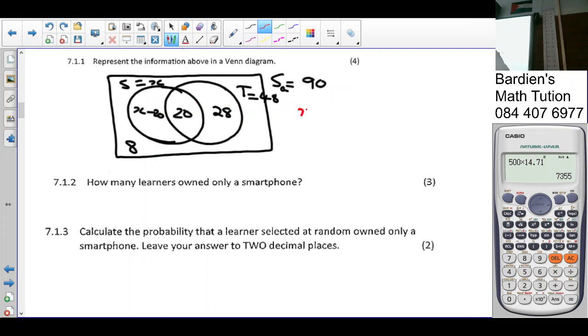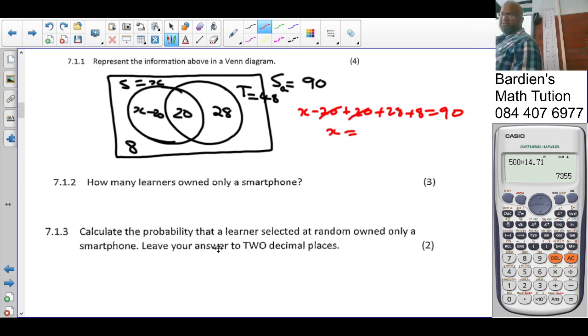So it's going to be X minus 20 plus 20 plus 28 plus 8 is equal to 90. That cancels. So X equal to 90 minus 28 minus 8 is what? 54. So in other words, 54 minus 20 is 34.